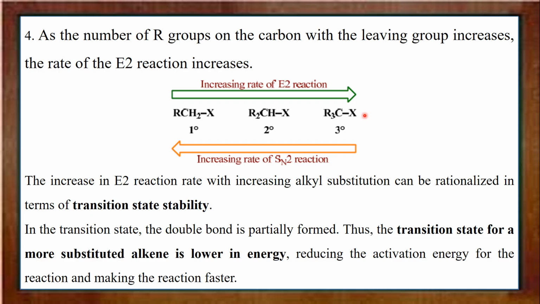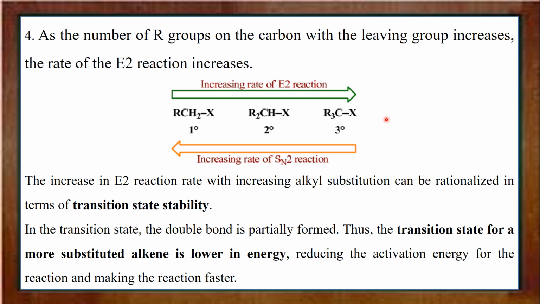Therefore, the carbon is slowly going from sp3 to sp2 hybridization. So the substrate has a carbon with sp3 hybridization, and the product results in a carbon-carbon double bond.